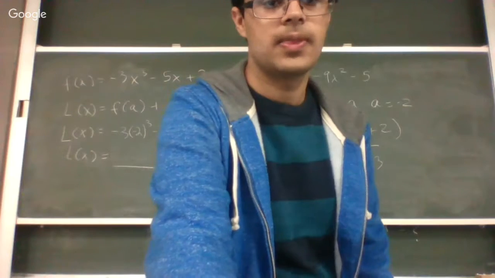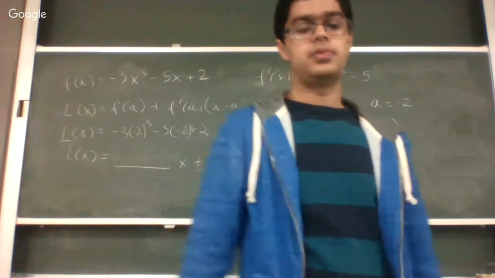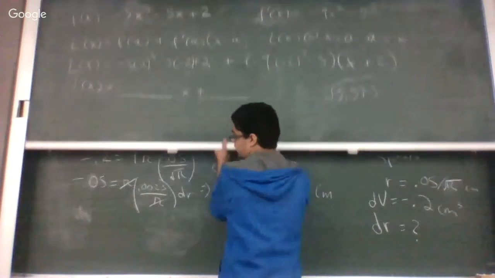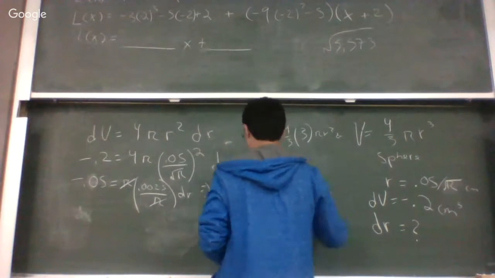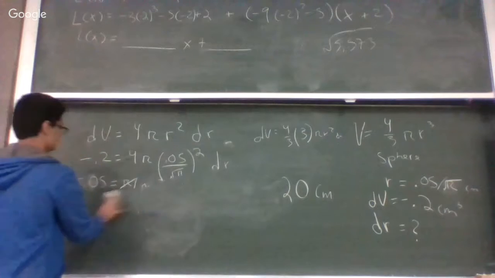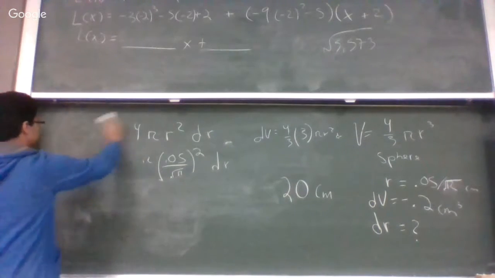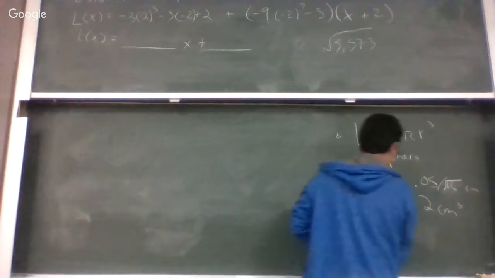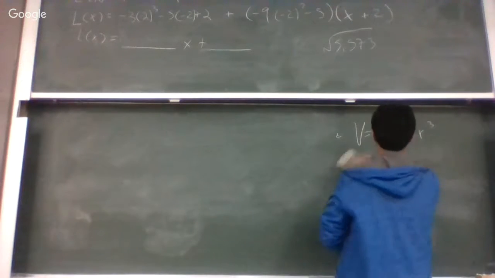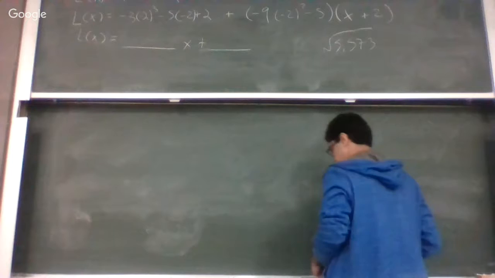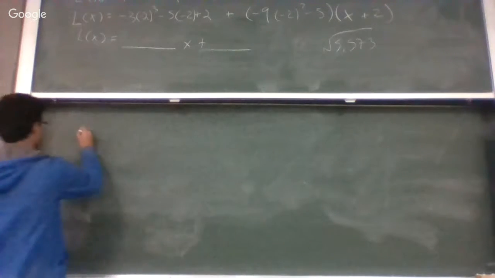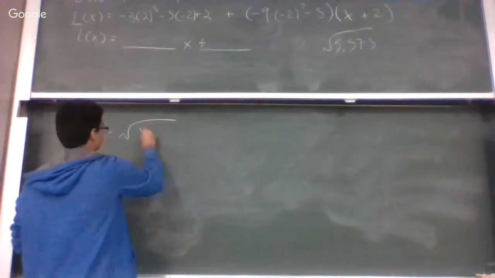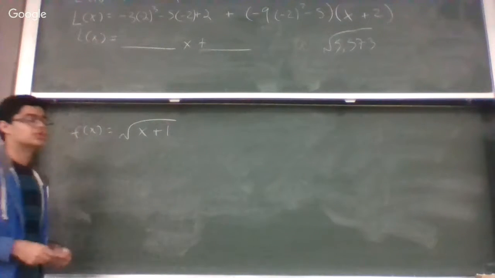So they say approximate. Okay, so I'm going to write an example, which will make it easier to see. Say we have f of x equal to the square root of x plus 1.